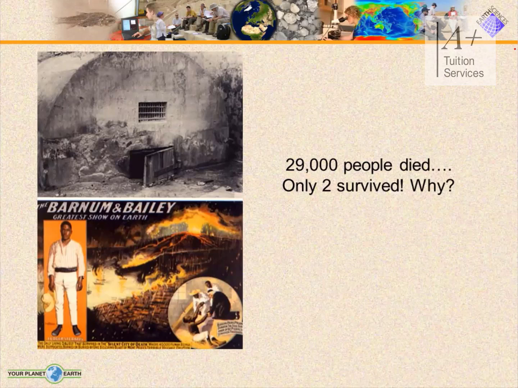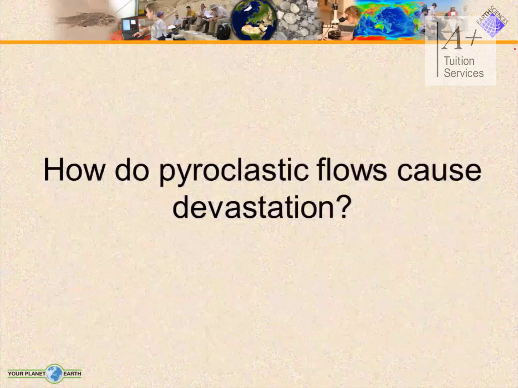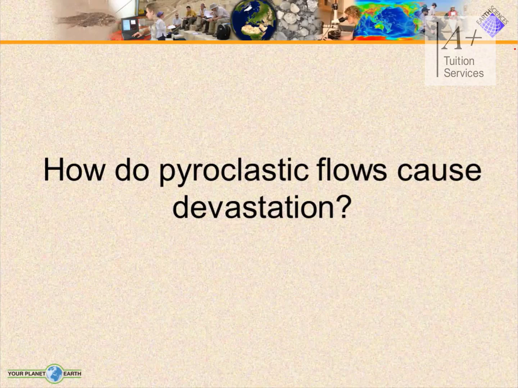Right, so while 29,000 people died, 2 survived because they ran and they took precaution. You know, most times during a hazard, whether it be an earthquake, a hurricane, a volcano, before people actually take measures to get themselves out, they tend to panic. And when the panic starts, you don't think straight. So you end up getting caught up in it. And sometimes it could be so bad that you die.